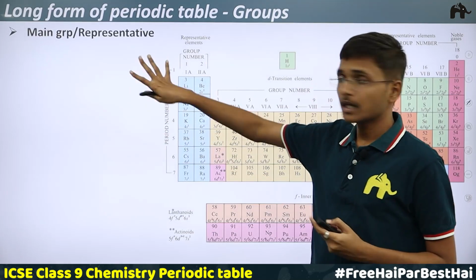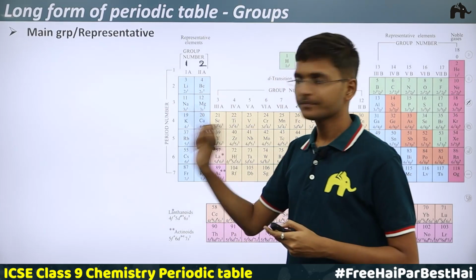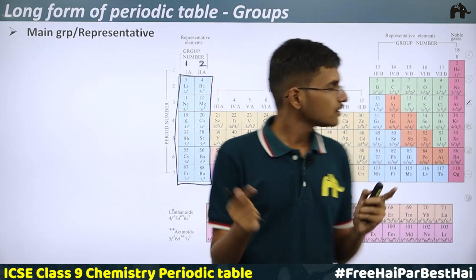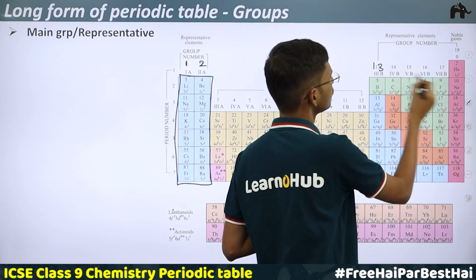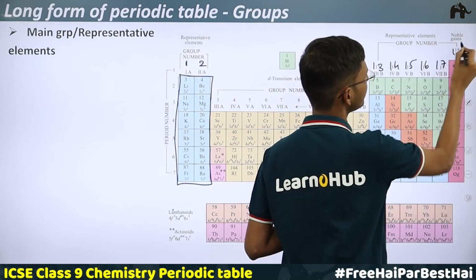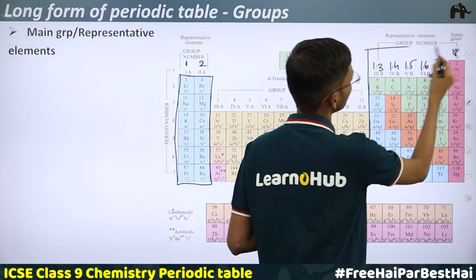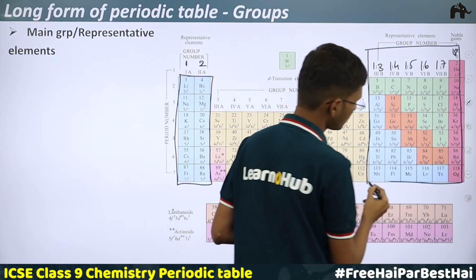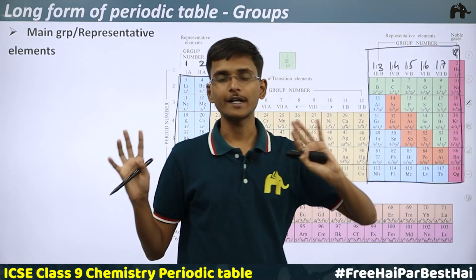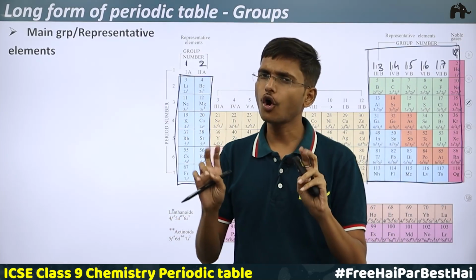There are 18 groups. Out of these, group 1 and group 2, the groups in blue, and group 13 to group 18, all these 6 groups and these 2 groups collectively are called main group elements, or representative elements, or normal elements.